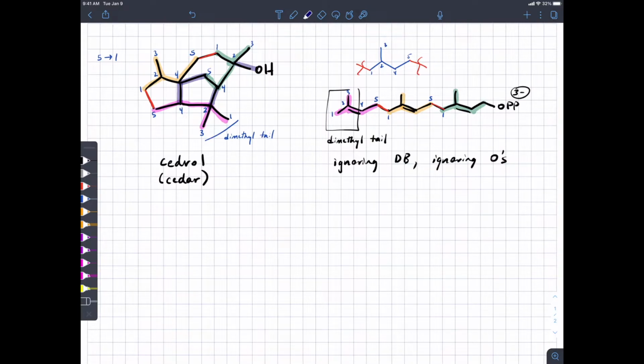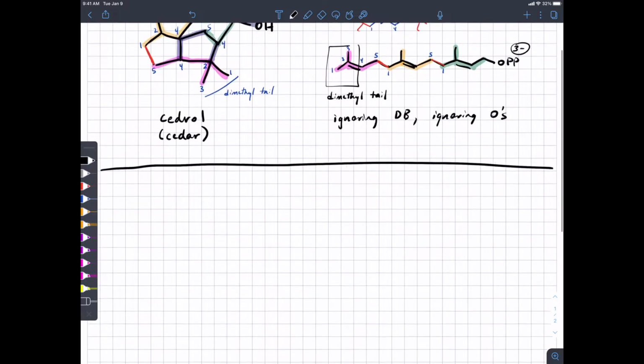All right, so now I want to talk about mechanism. And the precursors to all of these starting materials are two different isoprene units.